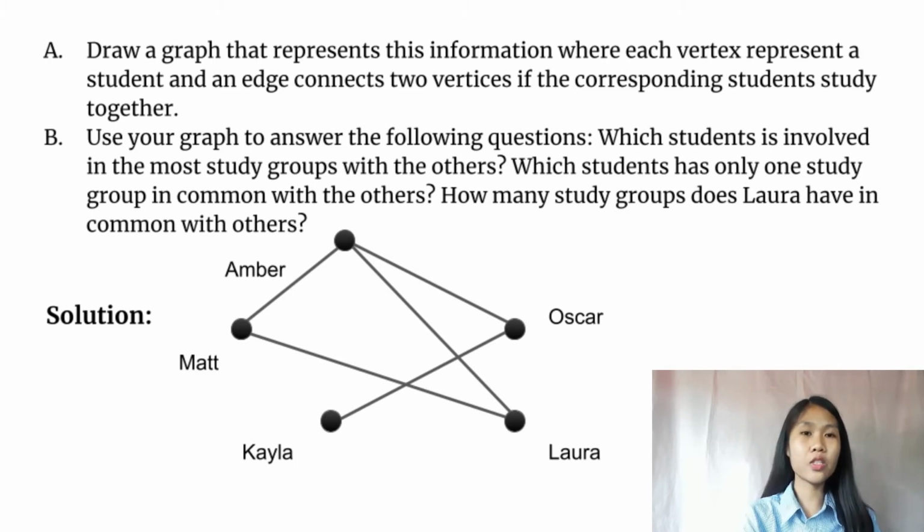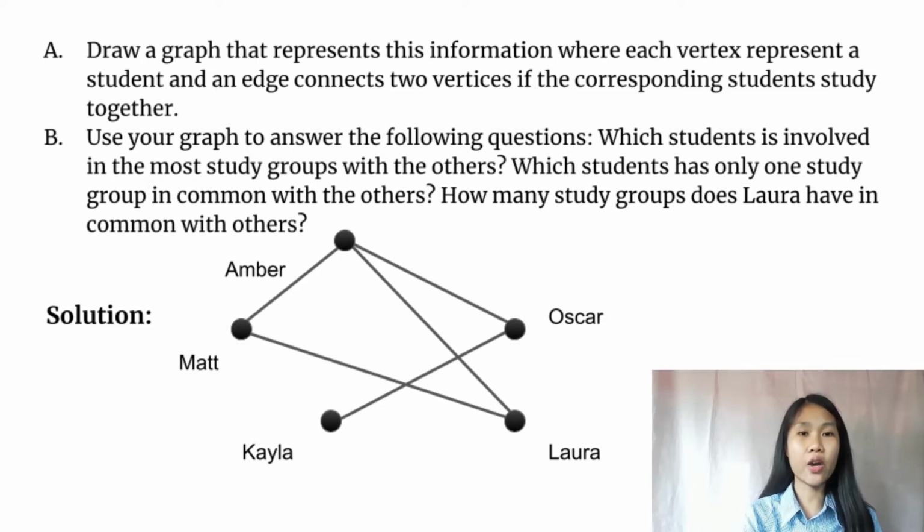B. Use your graph to answer the following questions. Which student is involved in the most study groups with the others? Which student has only one study group in common with the others? How many study groups does Laura have in common with the others?